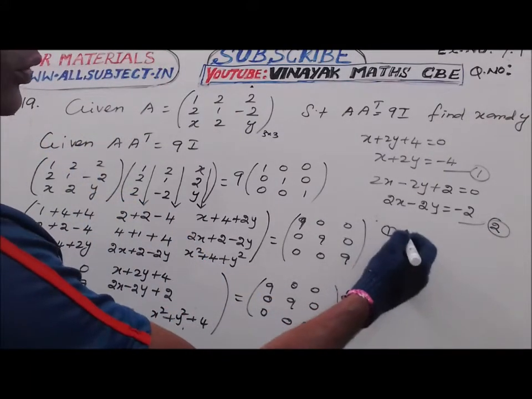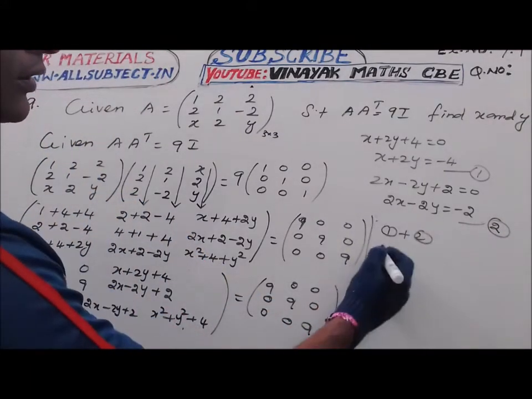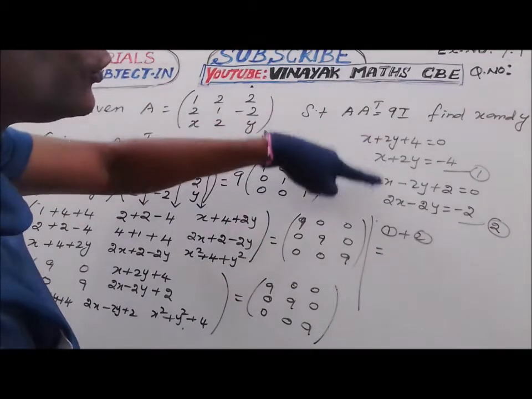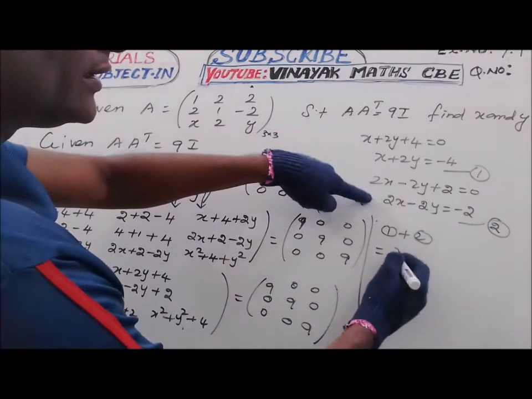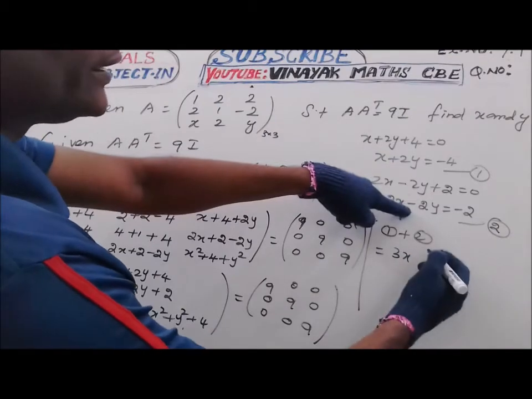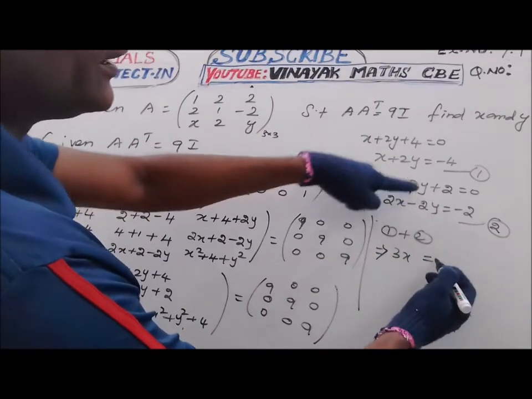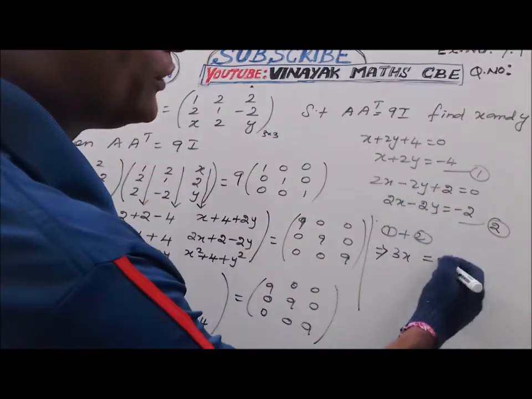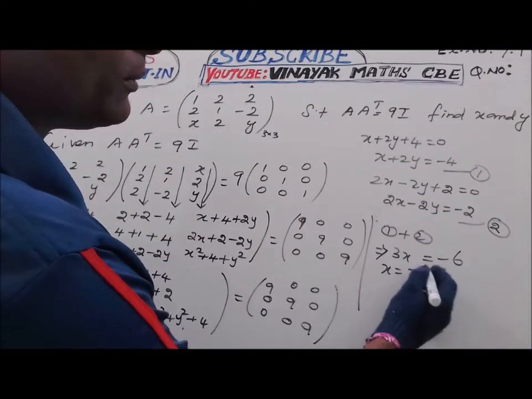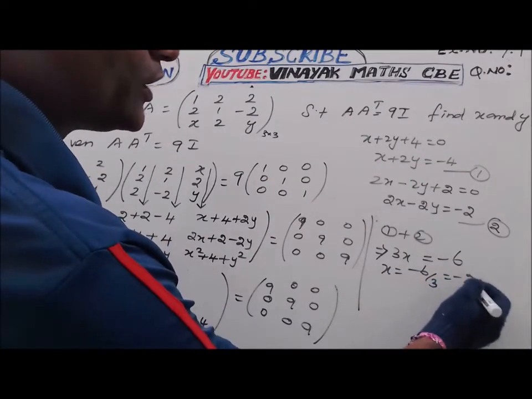Adding 1 and 2: x plus 2x is 3x, 2y minus 2y get cancelled, then minus 4 minus 2 is minus 6. So x is equal to minus 6 by 3, equal to minus 2.